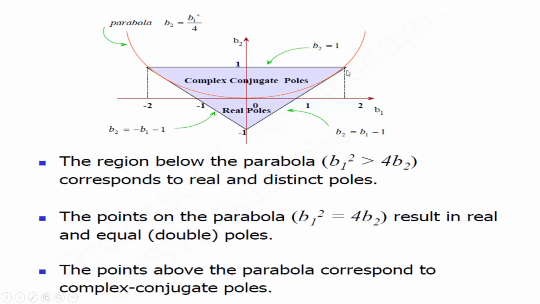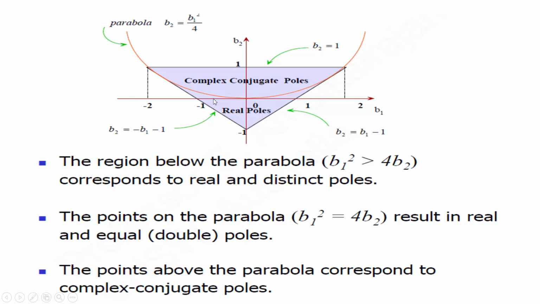So this is one line, this is the second line, this is the third line. This forms a triangle. And this is the parabola. Two things we need to note: one is the triangle, how did we get the triangle? And the other is the parabola.